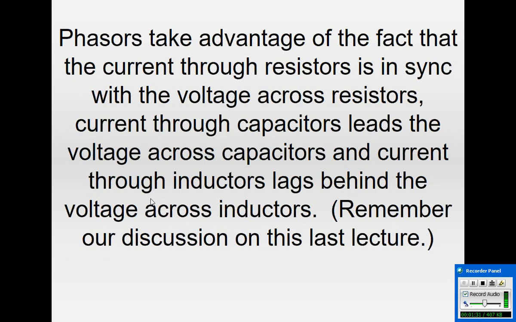So this out-of-syncness is going to be represented by the phasors. Keep in mind that the voltage across the inductor leads the current, the voltage across the capacitor lags behind the current, and the voltage through the resistor is exactly in sync with the current.